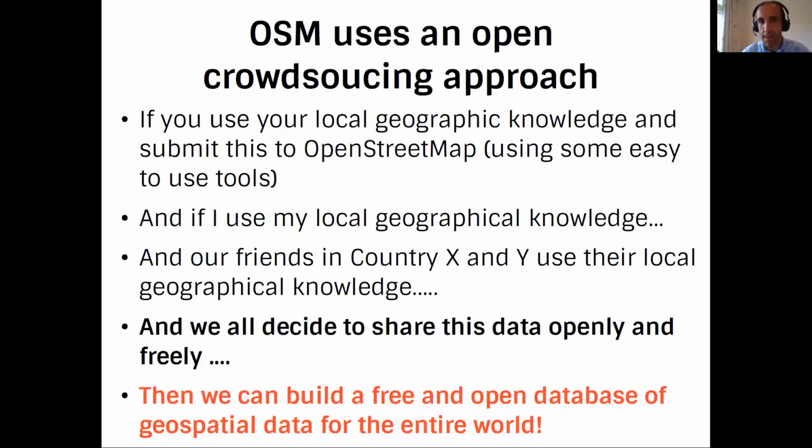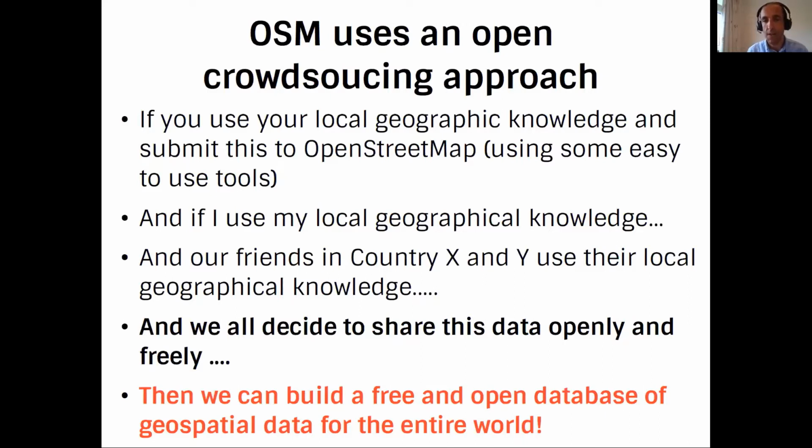What makes OSM unique is a crowdsourced approach to geographic data capture. What that means is that citizens, like you and I, when we're not doing our day jobs, can contribute their own local knowledge and geographic data and information to the Openstreetmap project.